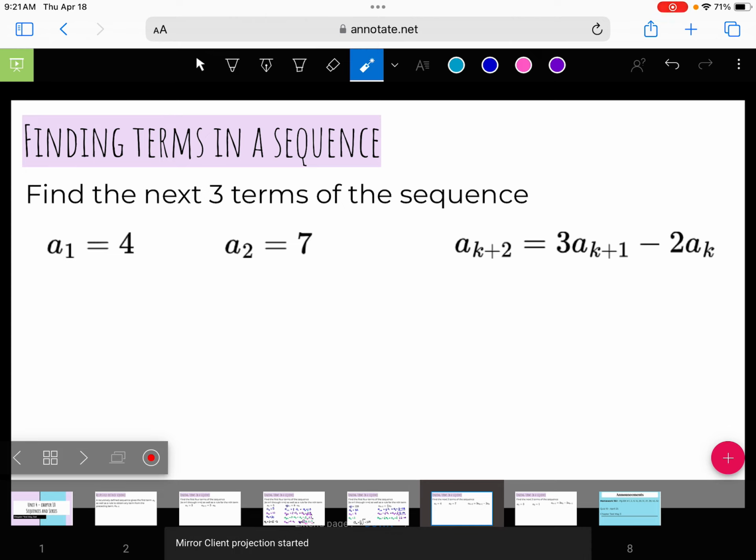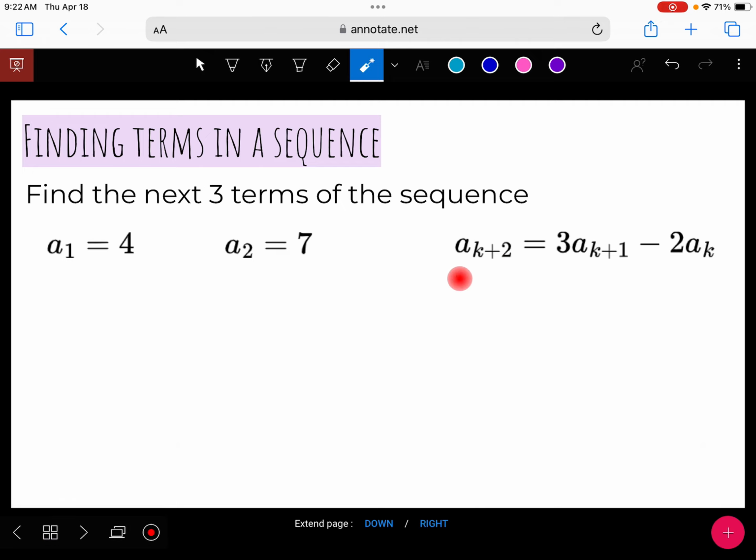Okay, so the next one just says to find the next 3 terms. We're not finding an n term on this one because this is a double recursive function sequence. It requires us to have 2 pieces that we know, because they're having us solve for a sub k plus 2, and we also have to know k plus 1, and we have to know k.